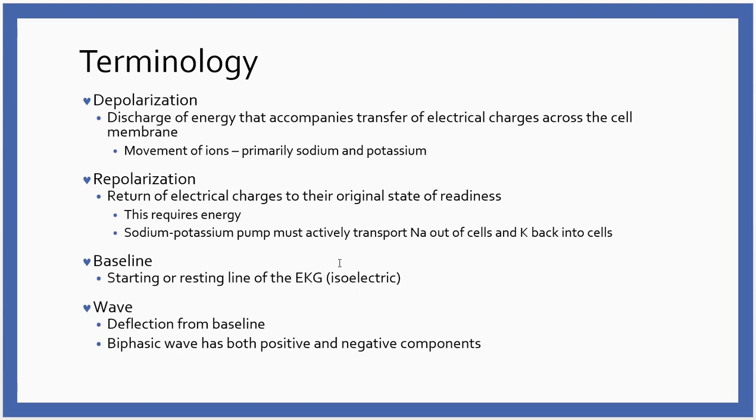That's what's called isoelectric, and I'll be showing that to you in just a second. And then wave just means it's a deflection from that baseline. That deflection can be either upright or positive or negative, and it really depends on whether the energy is moving towards or away from a positive electrode.